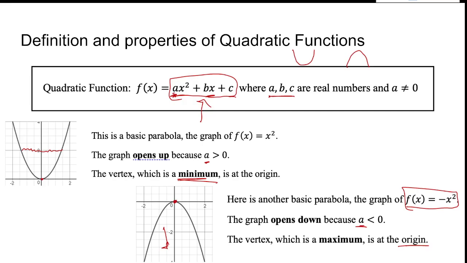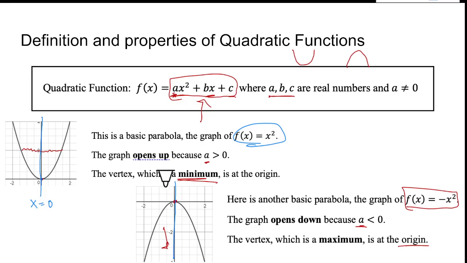Something else we'll highlight here is that with quadratic functions, where the vertex is, there's also something called a line of symmetry. We talked about this when we were talking about even and odd functions. In this case, the line of symmetry for these two particular functions, because they're just x squared or minus x squared, is going to be the y-axis, or the line x equals 0.